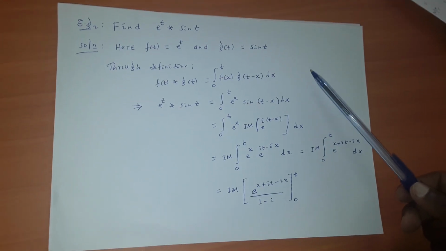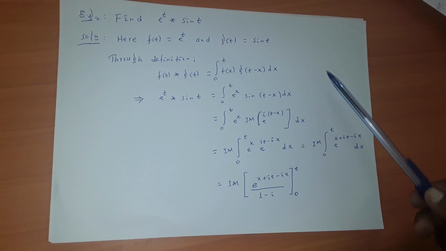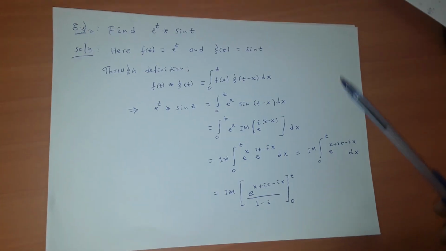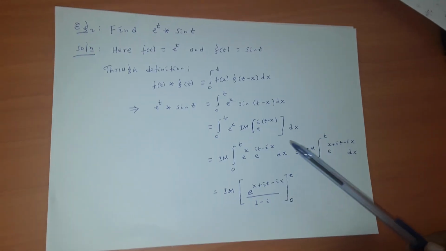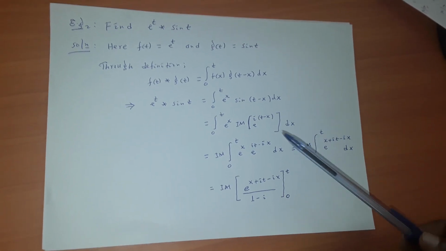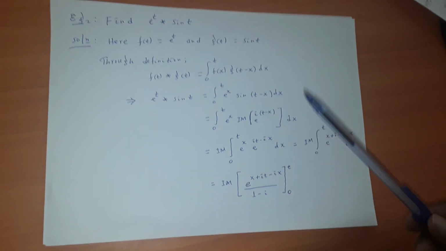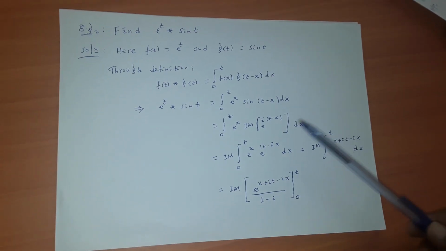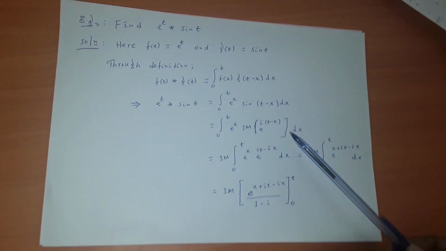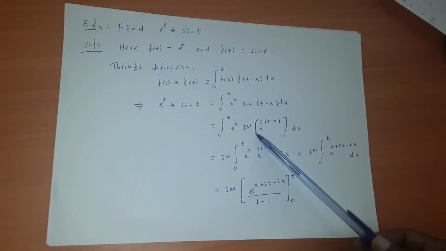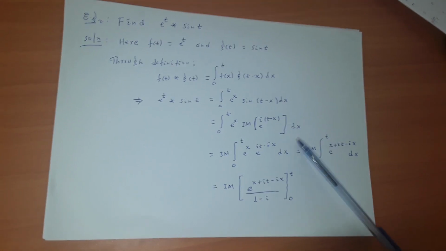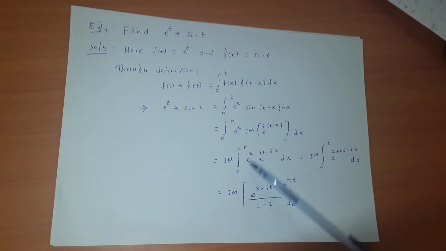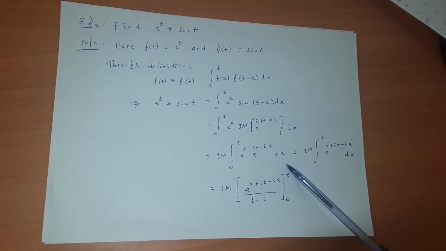We mean e raised to i theta is cos theta plus i sine theta. So we just turn it into a complex number, using the relationship between complex numbers and the exponential function. We get the imaginary part of the integral from 0 to t of e raised to x times e raised to i(t minus x) dx.